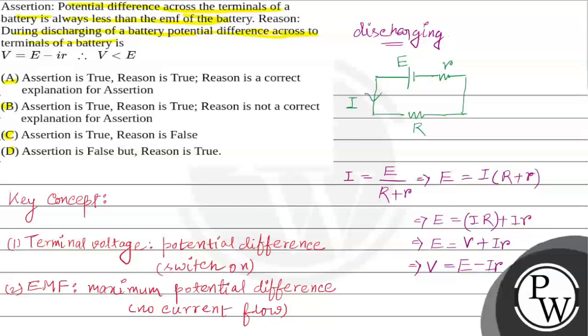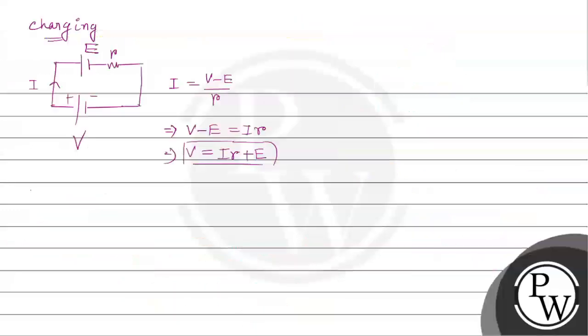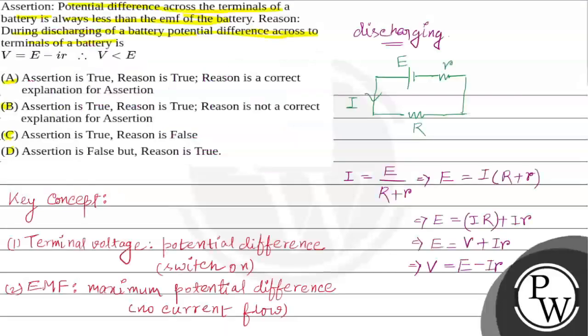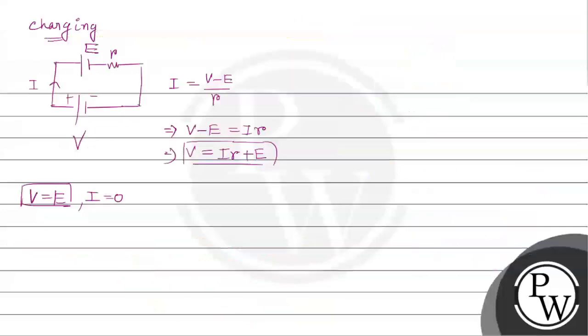Now this statement is false because in both charging and discharging cases, if we put I equals 0, at most we get V equals E. But the assertion says that the potential difference across the terminals of a battery is always less than the EMF of the battery, which is wrong. So assertion is wrong.